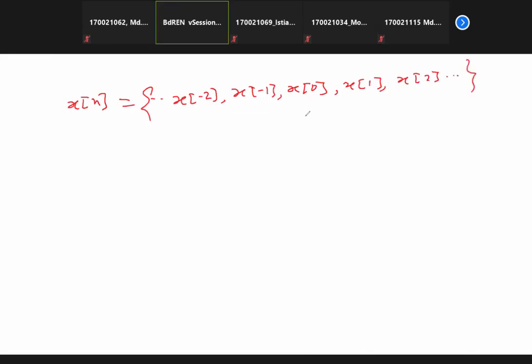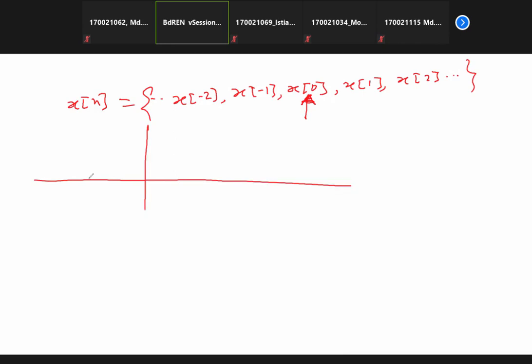Your 0 is there. In reality, when x values are given numerically, an arrow will be beneath a number to indicate that this is the location of n equal to 0. Otherwise you cannot operate or manipulate the signal.